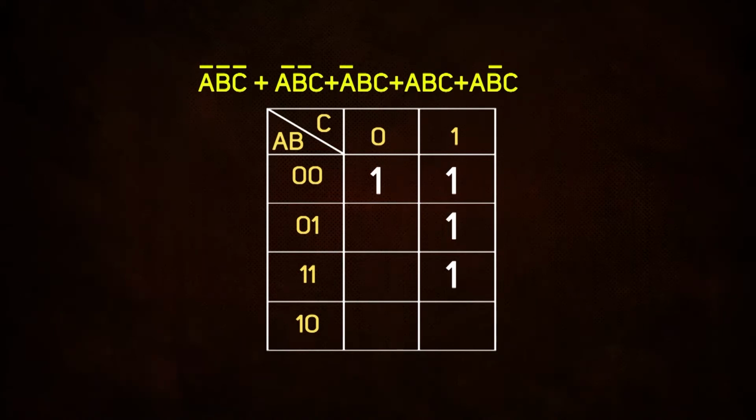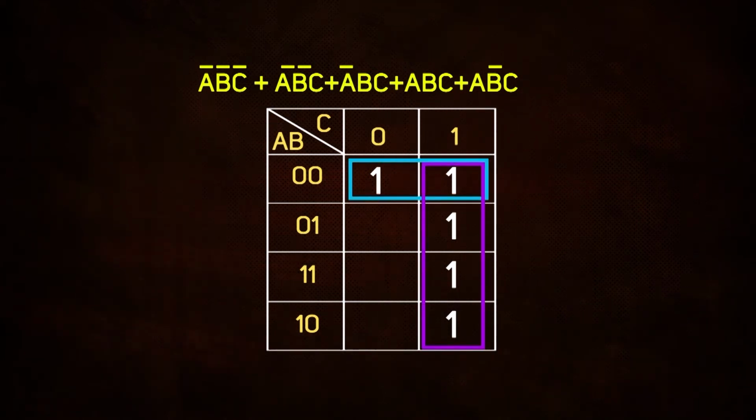And the last term AB complement C corresponds to 1 0 1, and enter 1 in the respective cell. Yes, the complete expression is mapped to the Kmap. What is next? We have to group the ones. Try to make the minimum number of groups with the maximum number of ones. We get 2 groups. All ones are grouped now.